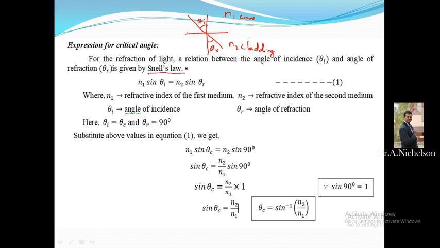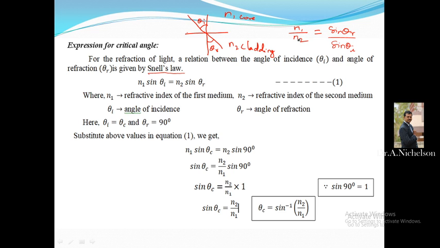So here we use n1 by n2 equal to sin theta r divided by sin theta I. So this is Snell's law.